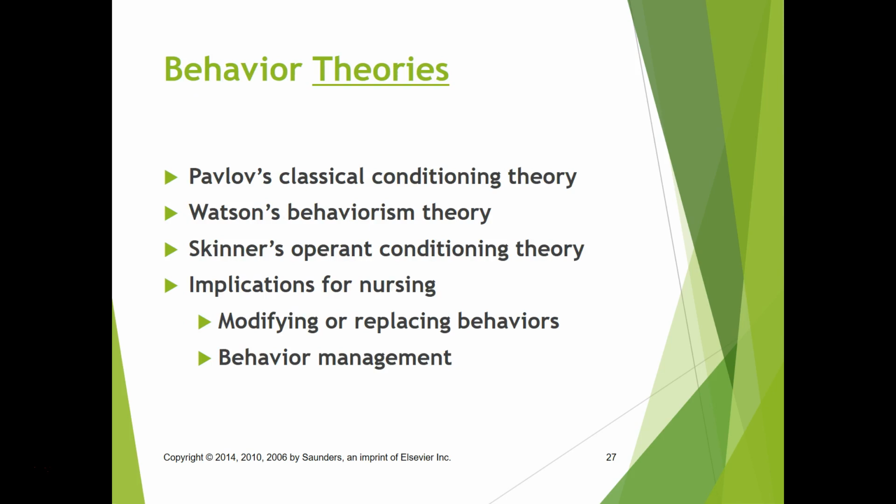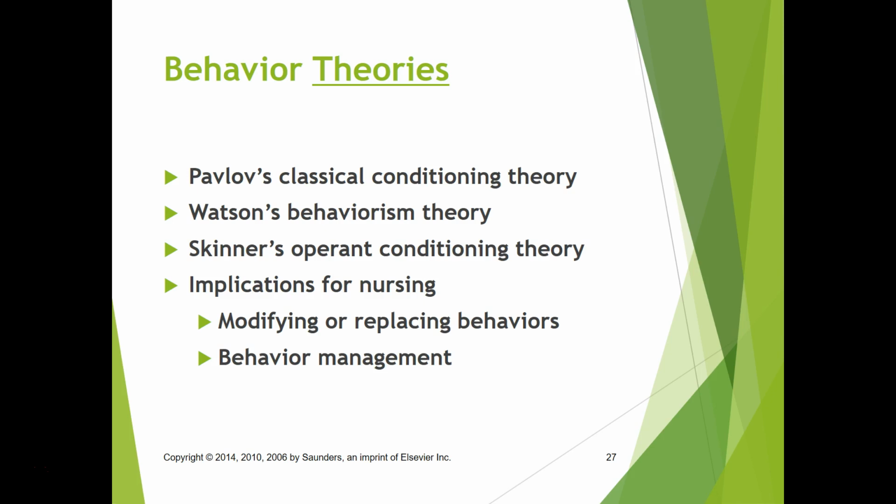So we have other types of behavior theories, Pavlov's, Watson's, Skinner's. You don't need to learn anything about those in particular, but the implications for nursing are that we do sometimes use those theories in our therapies, and we sometimes modify or work with people to replace behaviors. As we want to take away one behavior, we want to give them another one to replace it.